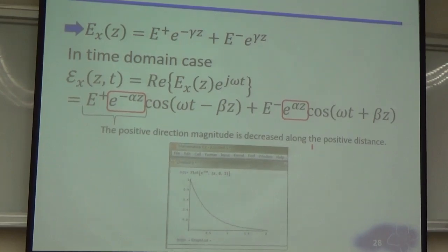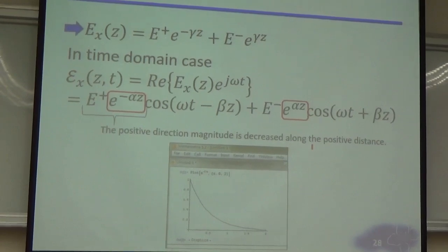Give me some more time to explain this one. It's a new thing here. If E equals something multiplied by exponential minus gamma z, I talk about a positive wave only. If this one, you have this E field. Very similar to your question, but this is a lossy case.